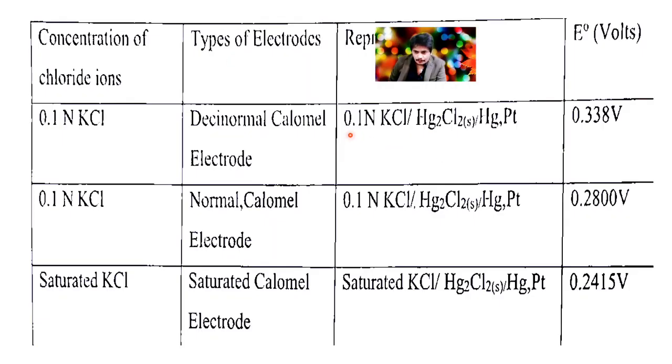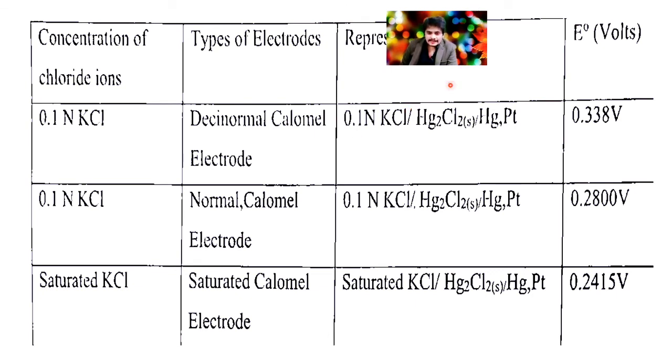So this is how it can be represented, and the value of this decinormal calomel electrode is 0.338 volt. And we have another type of calomel electrode in which the concentration of potassium chloride is 1 normal, sorry, this is 1 normal.